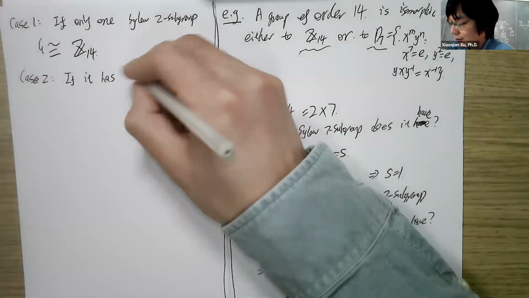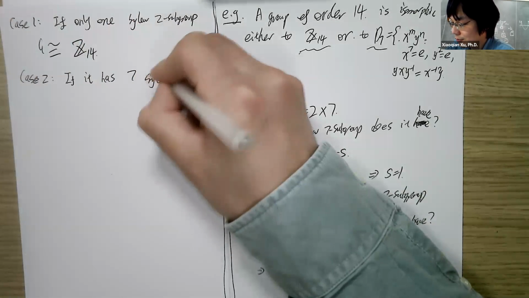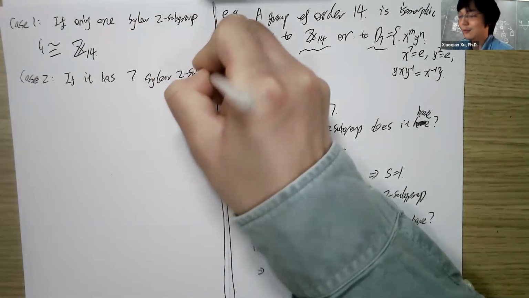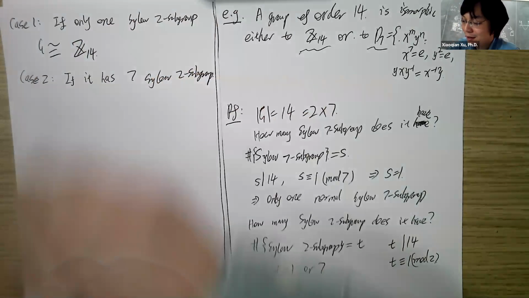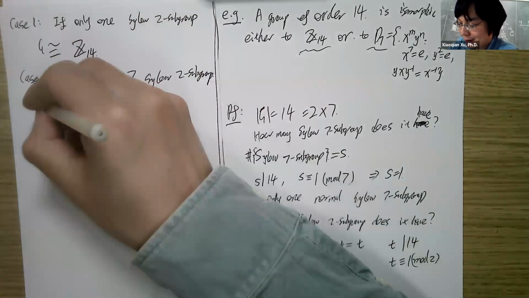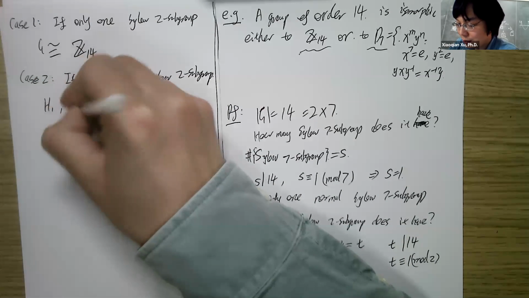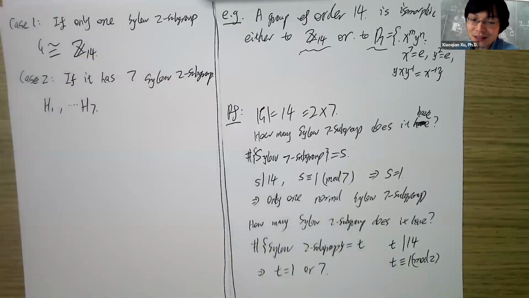If it has 7 Sylow 2-subgroups, this will be slightly harder, because what if it has 7? Then let's list them, say H1 until H7, the 7 Sylow 2-subgroups. Each has order 2, so it only has e and one other element.